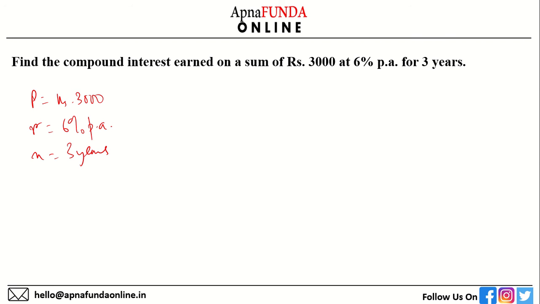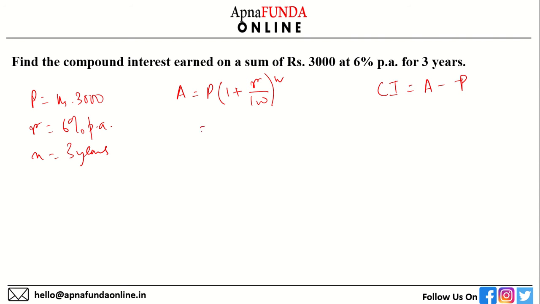Nothing is said about compounding, so we assume that it is compounded annually. Okay, so we know the formula, that is amount is equal to principal into 1 plus R by 100, whole to the power N. Correct? And when we want to find the compound interest, it is amount minus principal.